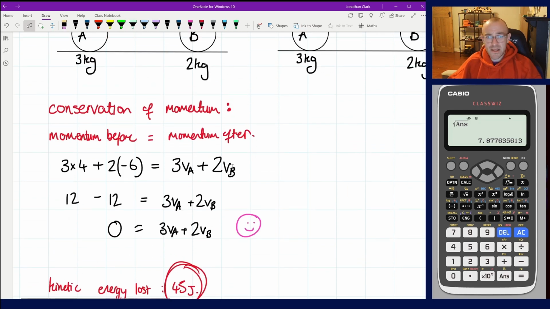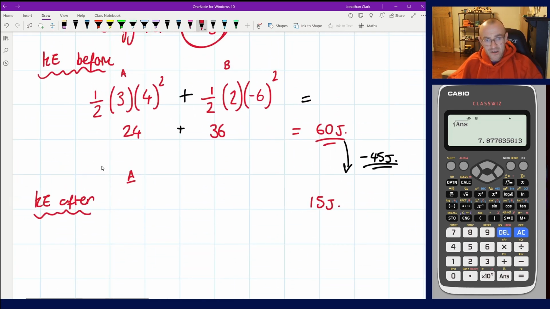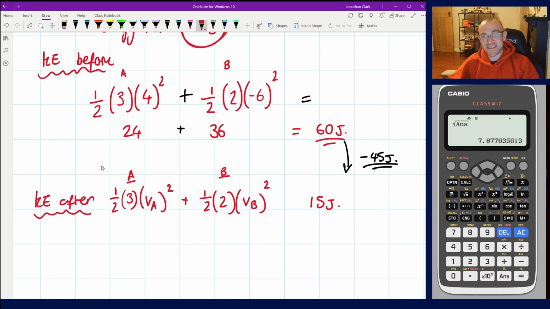I don't know the speed of A, I just know it's VA. So the kinetic energy formula, I write half mv squared down. I know the mass is 3. And the velocity of this object is VA squared. And I can do something really similar for B. I know the mass is 2, and I don't know a velocity, but I guess it's VB.